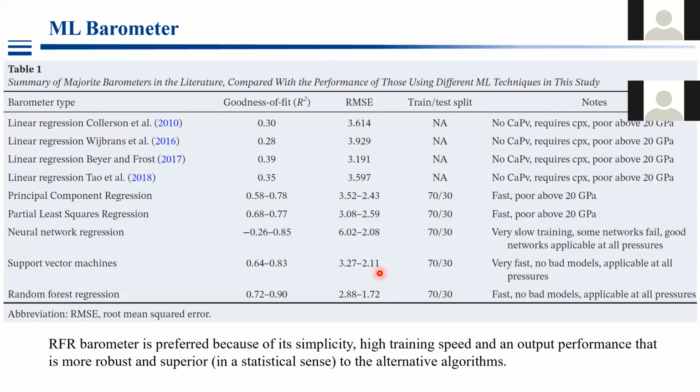And this table is a summary of the barometers from previous studies, compared with the performance of the machine learning in this study. From this table, we can see the last method, random forest regression, has the best performance with the highest R square and the lowest RMSE.